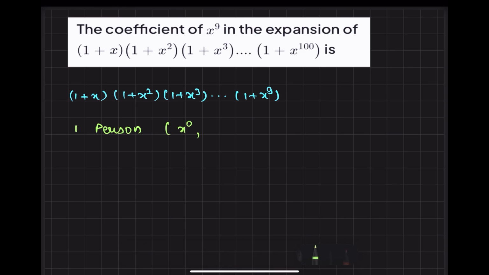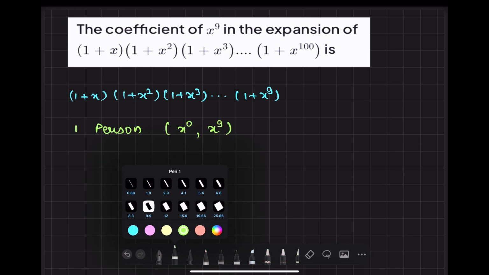So one will fight with one will fight with one will fight with one, and everyone will be involved, and then he will fight with another one person who is having non-zero power. Okay, so can we go with x power 9, because I want to organize a fight between two persons, keeping this thing in our mind that the first person will take power of x as 0. Comfortable? Now, so this is one person game.